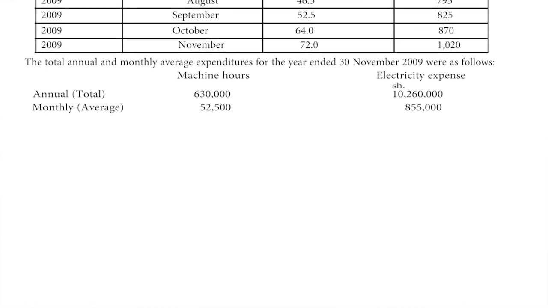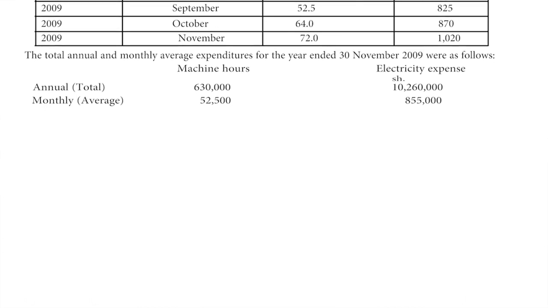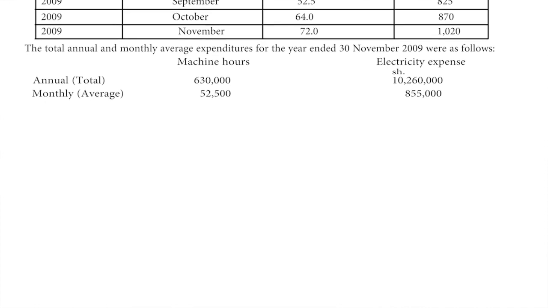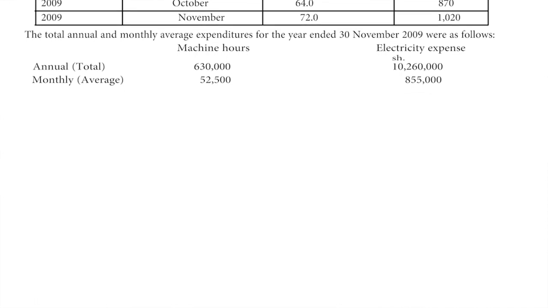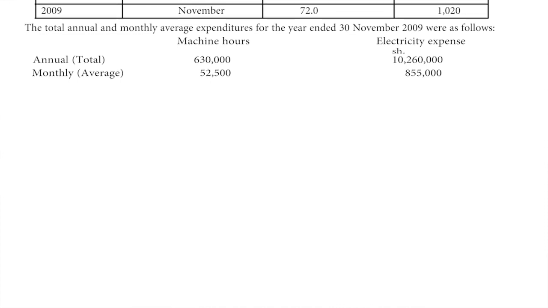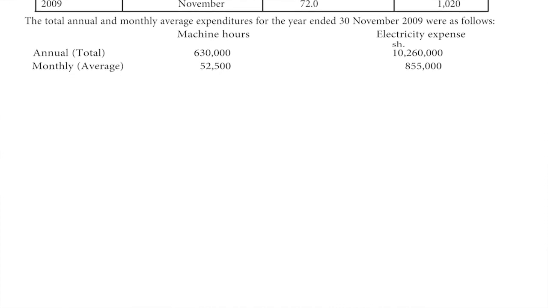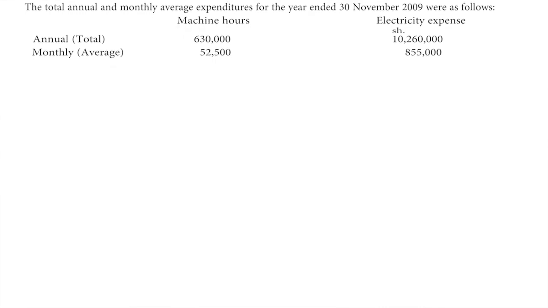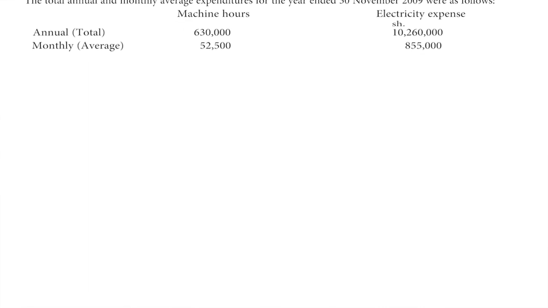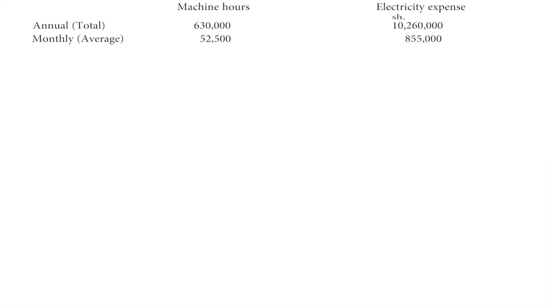You are given the machine hours. Annual total machine hours are 630,000, while electricity expense is 10,260,000, which is 10 million 260,000. Then monthly average machine hours is 52,500, while electricity expense is 885,000.